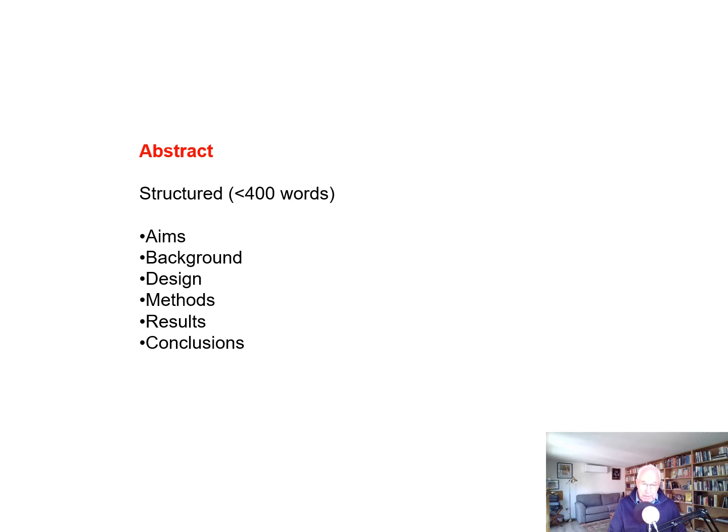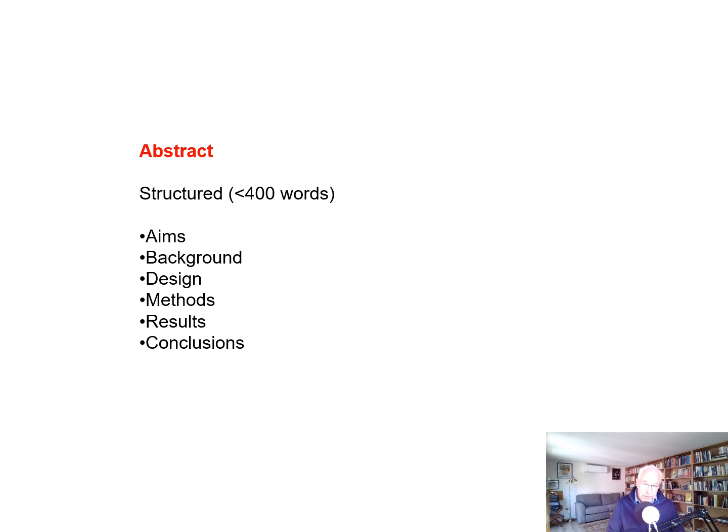Other things, in case I don't mention these in subsequent slides: when you come to the methods, you should include two things. You should include the number of people involved, whether it's quantitative or qualitative, and you should give some idea of when the study was completed.